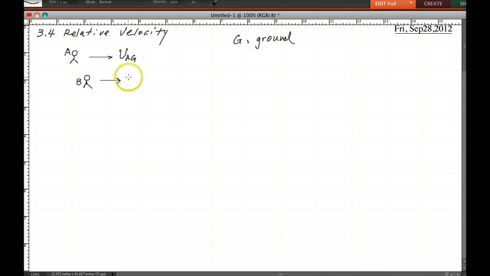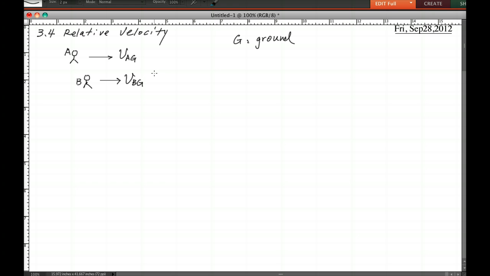Person B has a velocity VBG. Any velocity must be relative to something, right? We don't usually say the velocity of person A is relative to the ground, because we take that for granted, but it is relative to the ground.